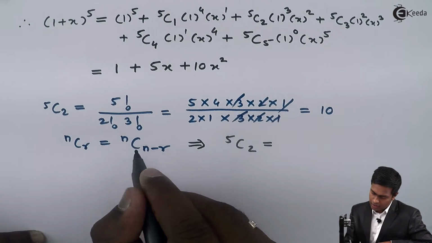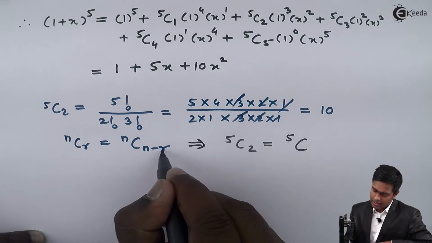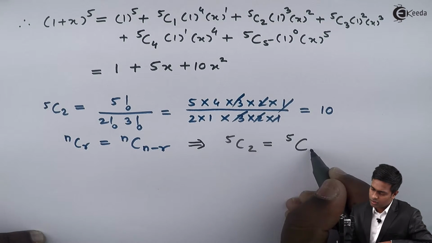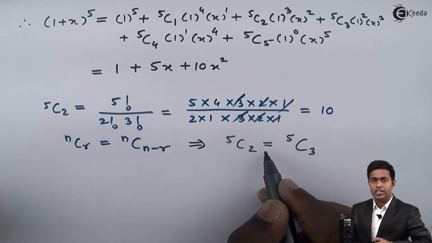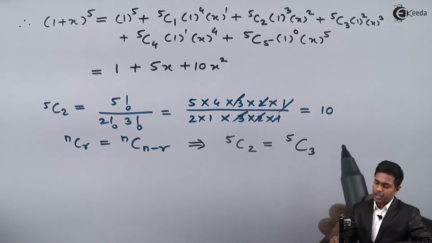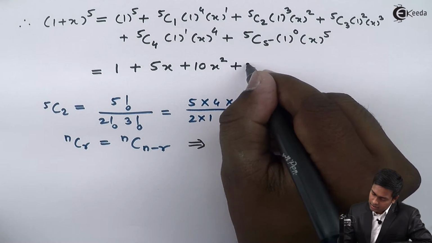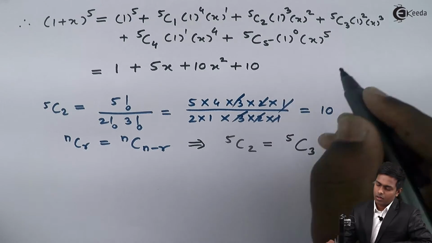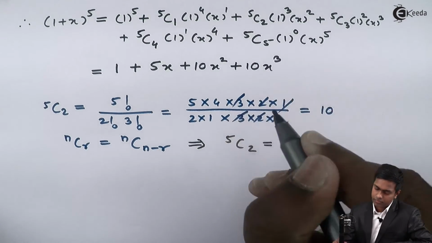So by this property we'll get 5, that is n, c, n minus r, so 5 minus 2, that is 3. It means the value of 5c2 will always be equal to the value of 5c3. Hence the value of 5c3 is same as 5c2, that is 10. 1 raised to 2, that is 1, x cube.